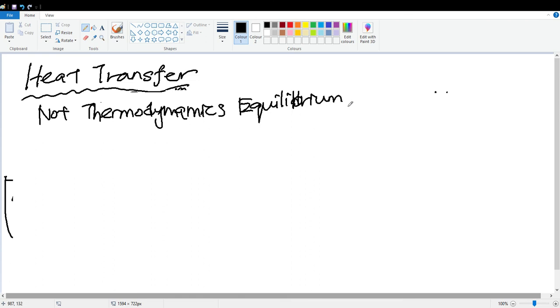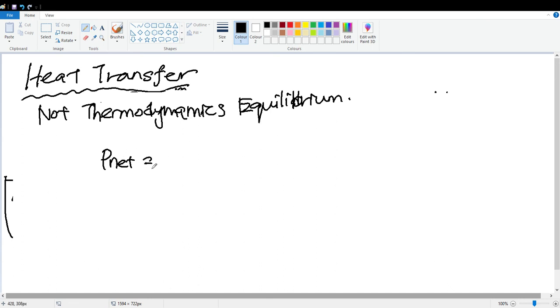If the surrounding temperature and the temperature of the body are not the same, hence there will be a net power radiated by the body.